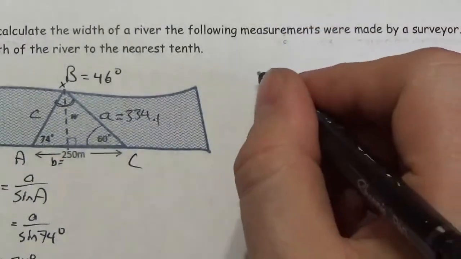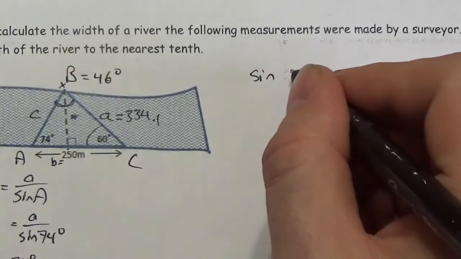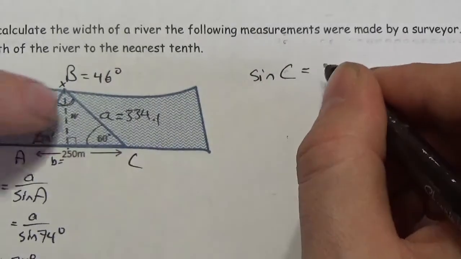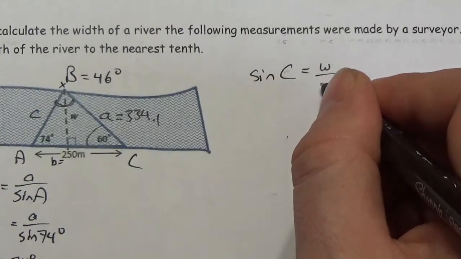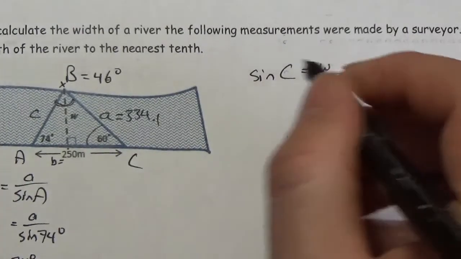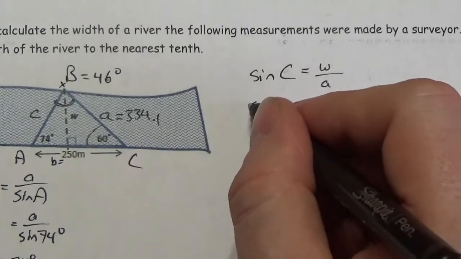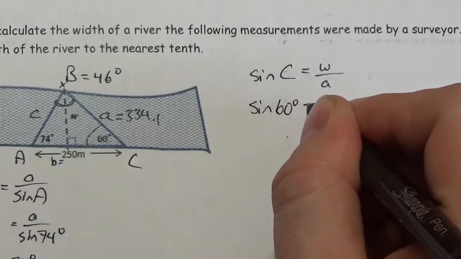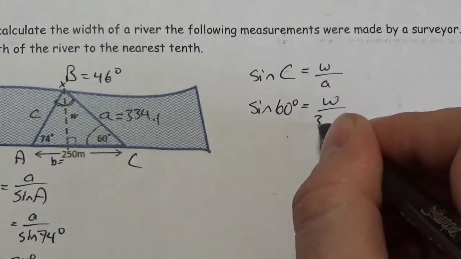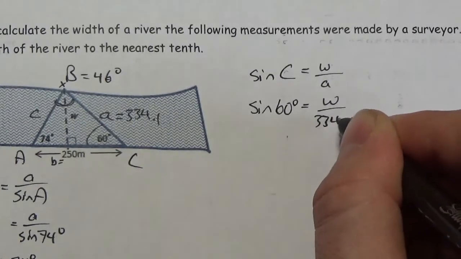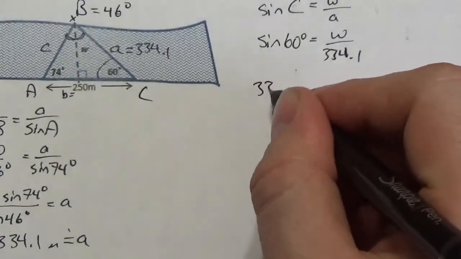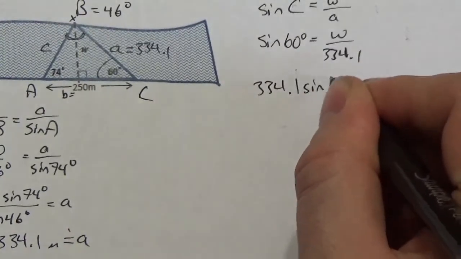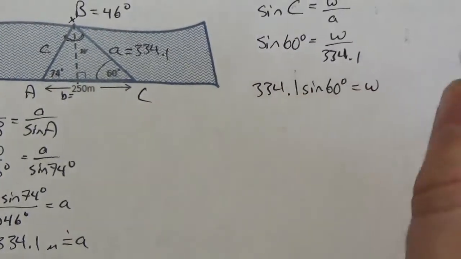So the sine of angle C is going to equal the width, W, over the hypotenuse. In this case, that's little a here. So the sine of 60 degrees will equal W over 334.1. I will multiply that up to get 334.1 sine of 60 degrees is equal to the width.